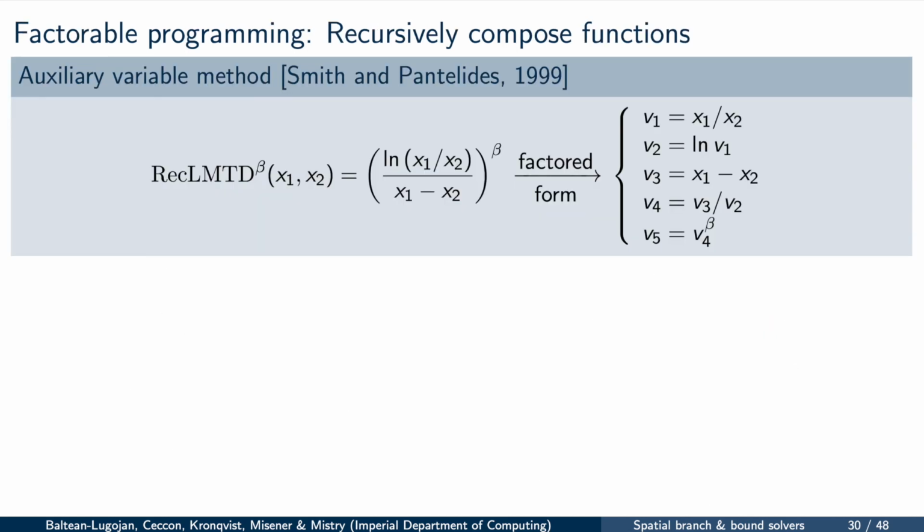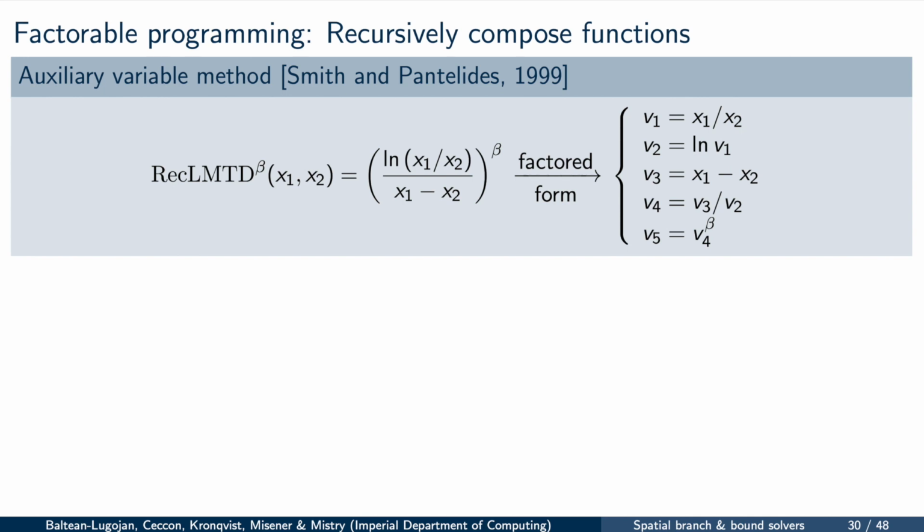And then we're going to recursively compose these functions. In the auxiliary variable method, each time we run into an expression that we know how to handle, we basically add a new variable.